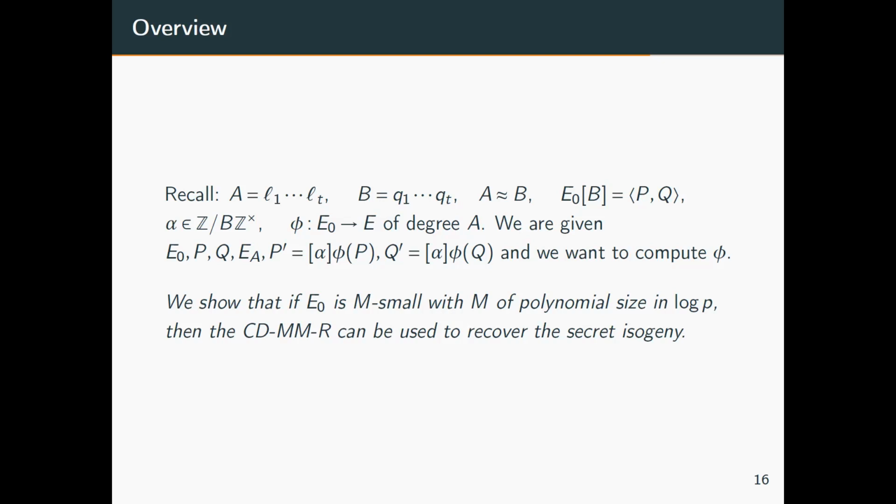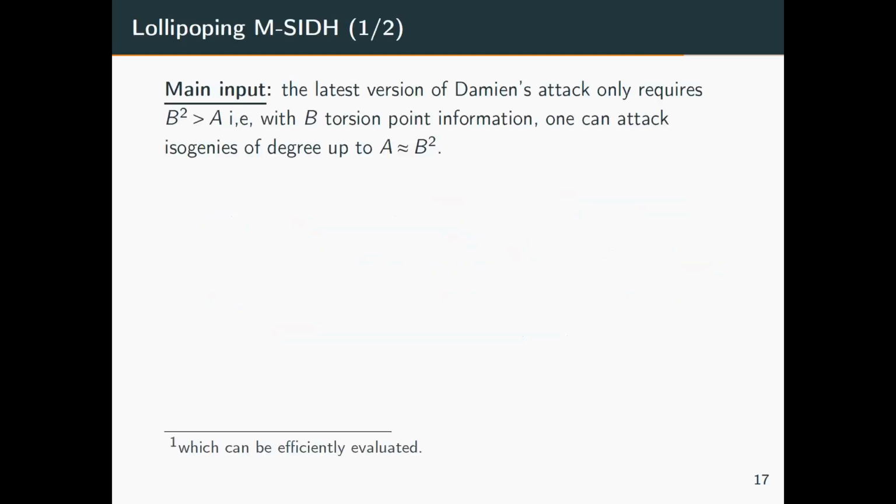So what we have here is that if you know a small endomorphism on the starting curve, then you can still run the Castryck-Decru, Maino-Martindale, Robert attack in polynomial time. So how does that work? I think people who work on the torsion points attack can already guess what I'm going to talk about here. The main ingredient here is one thing that was added to Damien's ePrint a few days ago.